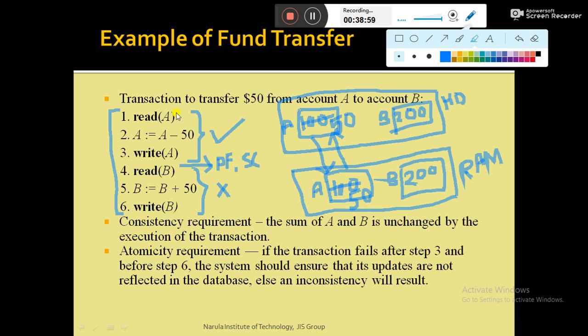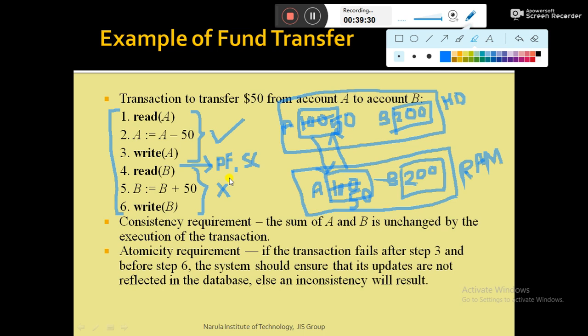If the transaction is not able to complete its execution due to any kind of failure, the transaction management component will restore the old values of A and B, which are 100 and 200, as if it appears to the user that the transaction never executed, and that is how we preserve the consistency property even during the failure of a transaction.